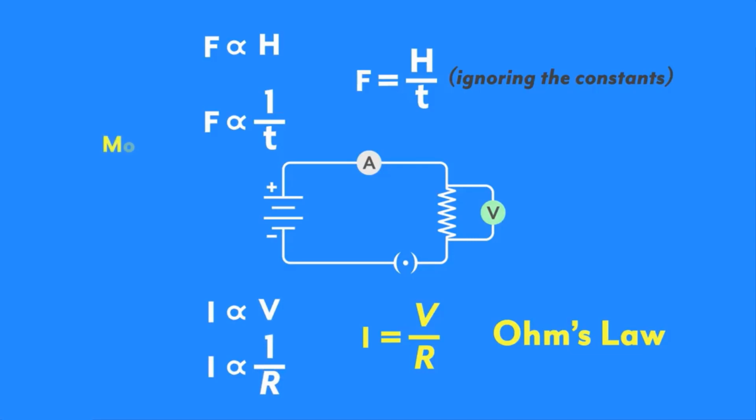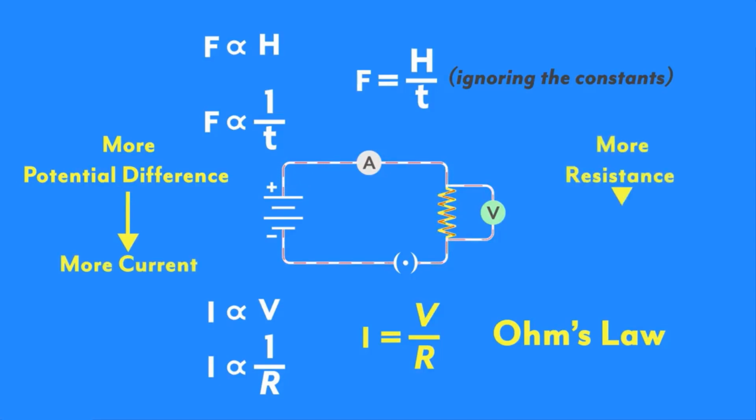If the potential difference between 2 points is more, the current flowing through it will be more. And if the resistance is more, the current flowing through it will be lesser. This is assuming that the other factors are constant. This is the basic concept of Ohm's law, and there are many different ways in which we can understand it.